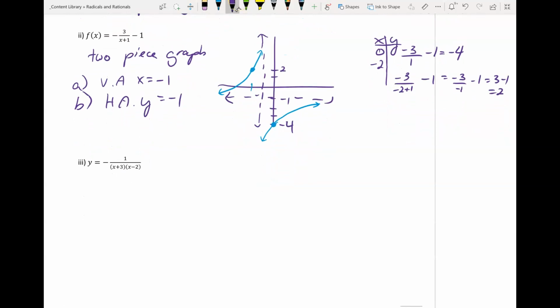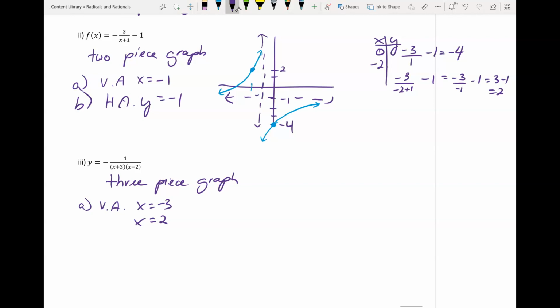For our next graph, this is going to be a 3-piece graph, because we have 2 vertical asymptotes. So our vertical asymptotes are going to be at x equals -3 and x equals 2. That's because if we were to insert one of these in for our x, we will get 0 in the denominator.